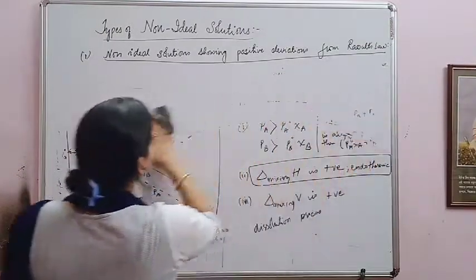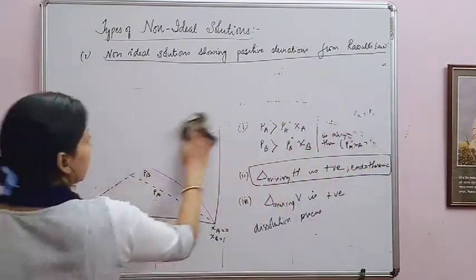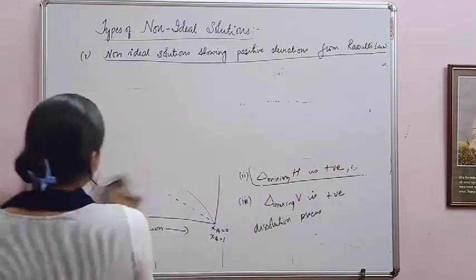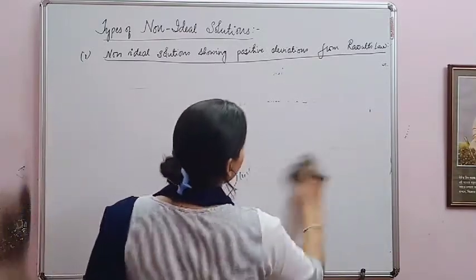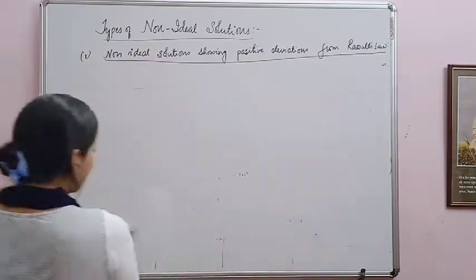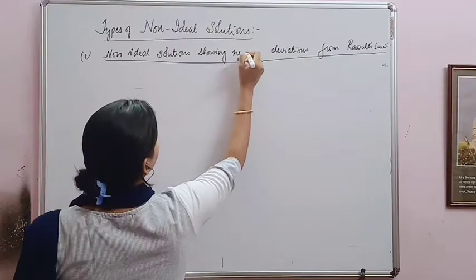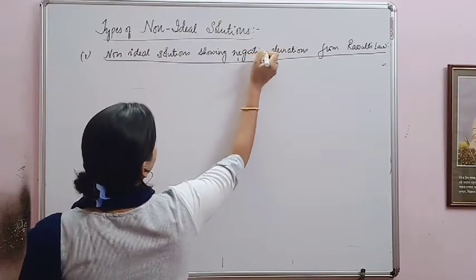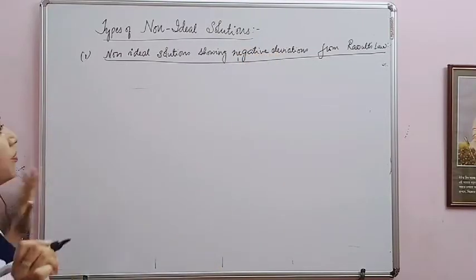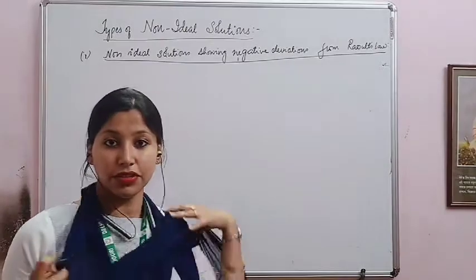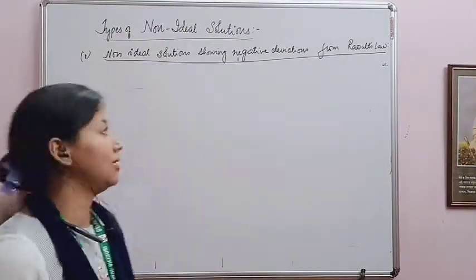Next we will do non-ideal solutions showing negative deviations from Raoult's law. If you have understood positive deviations, negative deviations will become very easy.